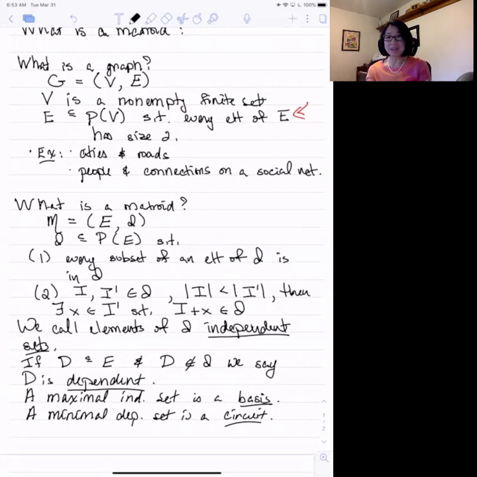Or I could tell you what the circuits are, the minimal dependent sets, right? And so a matroid is this non-empty finite set E together with, and I can tell you about it by telling you about the independent sets, but it also always has bases, and I can tell you about it by telling you about the bases, and it has circuits, and I can tell you about it by telling you about the circuits. And then the two properties that the independent sets have kind of parallel for bases and circuits.